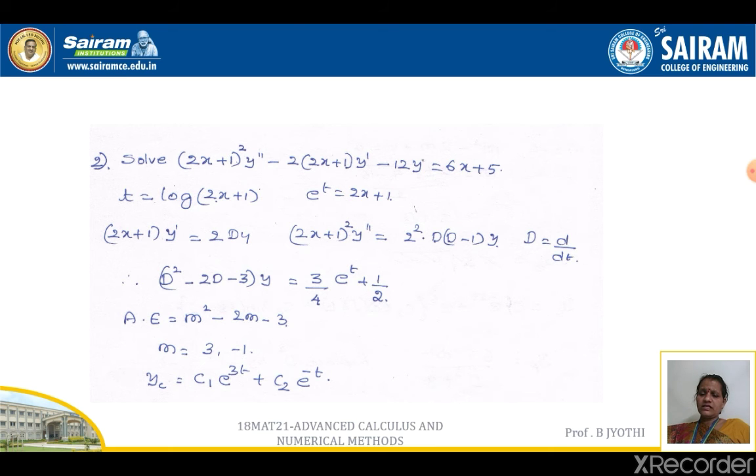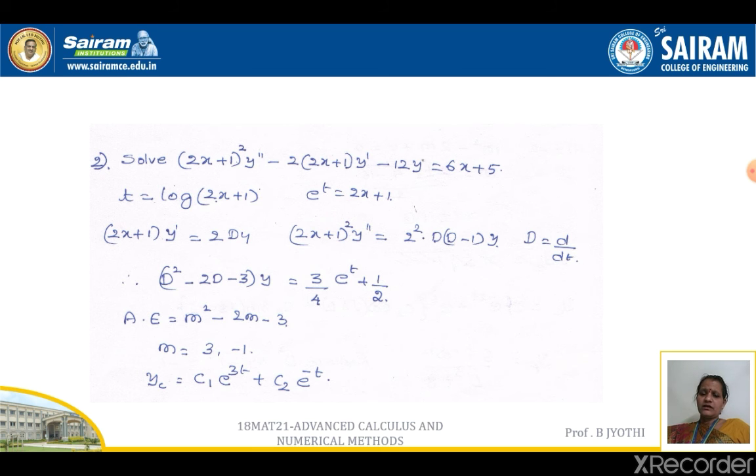And we need to replace this for the Legendre as t equals log of 2x plus 1 and e power t as 2x plus 1. So the given equation reduces to 2x plus 1 of y dash is 2 Dy, 2x plus 1 whole square into y double dash is 2 square D minus 1 of y, where D is d by dt.